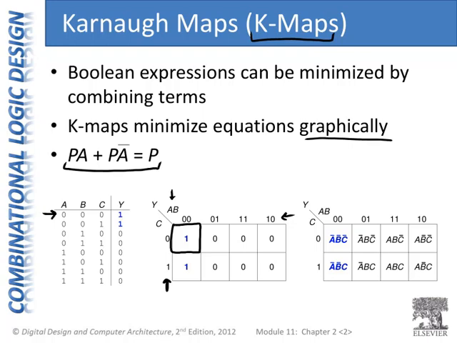The 0, 0, 0 row corresponds to this box here. 0, 0, 1 corresponds to the box just below it. We have 0, 0 for A and B, and 1 for C. 0, 1, 0 is here. 0, 1, 1 is here. And then something strange happens.